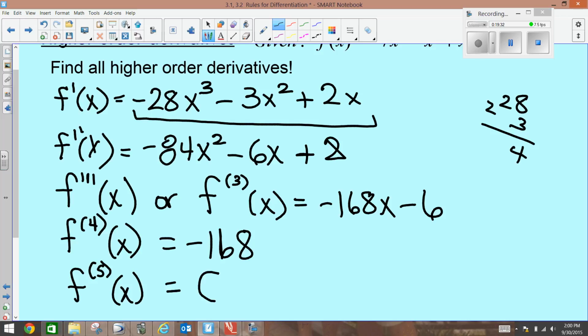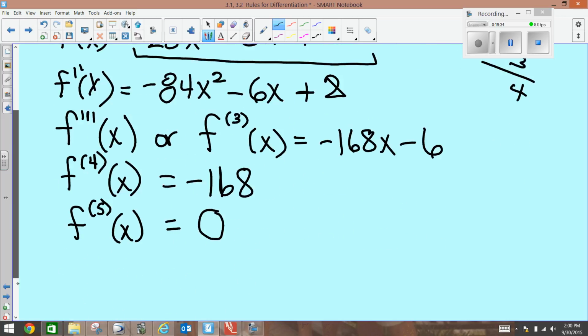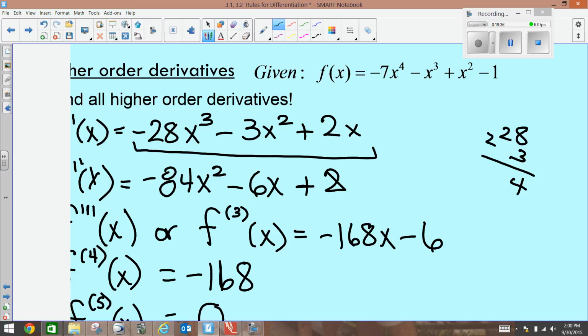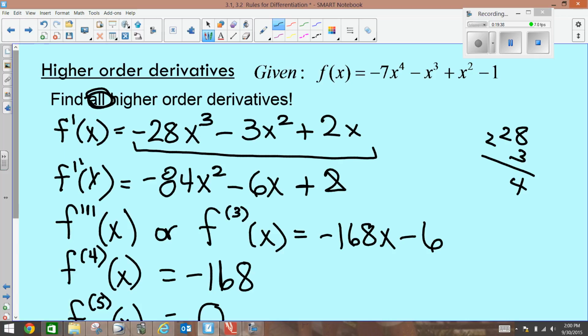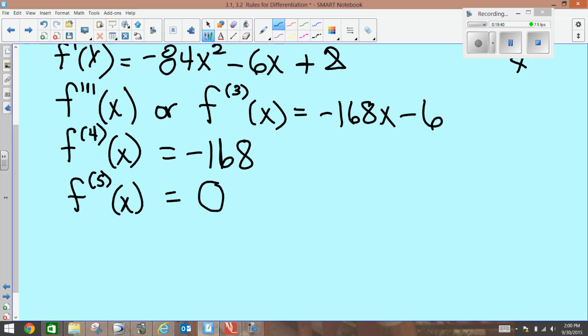That's 0. So that's why we can say find all of them, because from the fifth on, they're all going to be 0, because y equals 0 is still a horizontal line, so all of the derivatives after that are going to be 0. Okay?